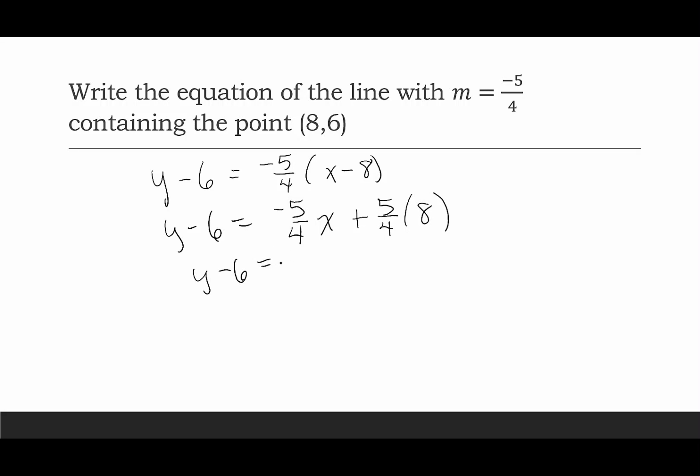Continuing, I have y minus 6 is negative 5/4x plus, I can cancel the 4 into the 8, 2 times 5 is 10. Let's bring the 6 over so that I have y is equal to negative 5/4x plus 16.